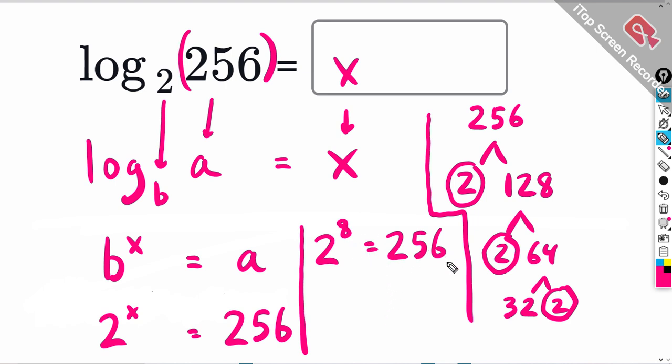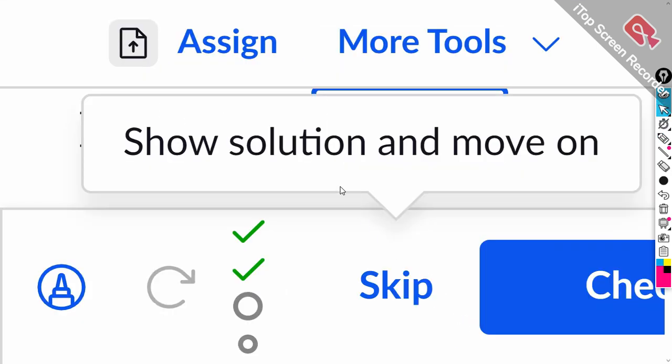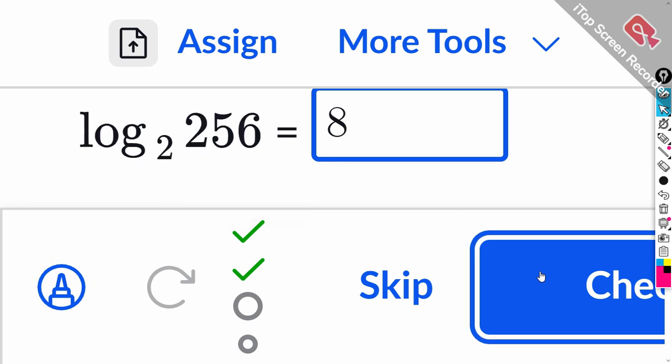All right, and 8 makes sense because 32 is 2 to the 5th, and 5 plus 3 is 8. All right, so 2 to the x equals 256. Well, clearly we can see that x equals 8. So that goes in the box right here. And that's it. 8 right in the box.